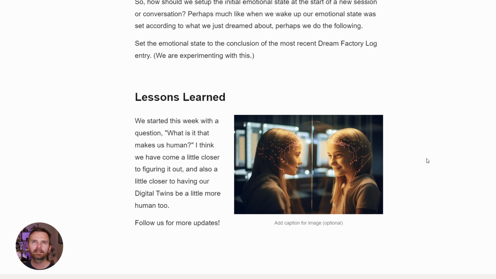We learned all of these different things. And then we explored how do we apply what we've learned about humans into making our digital twin AI a little bit more human. And so I think we've come a little bit closer to figuring out what it is that makes us human and how we could make our AIs more human.